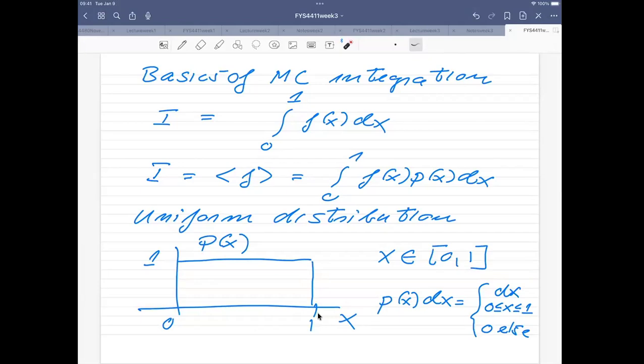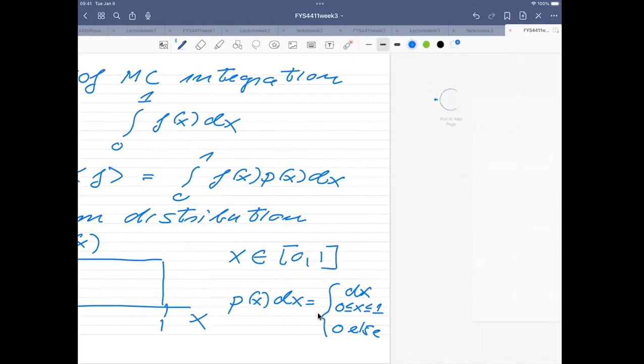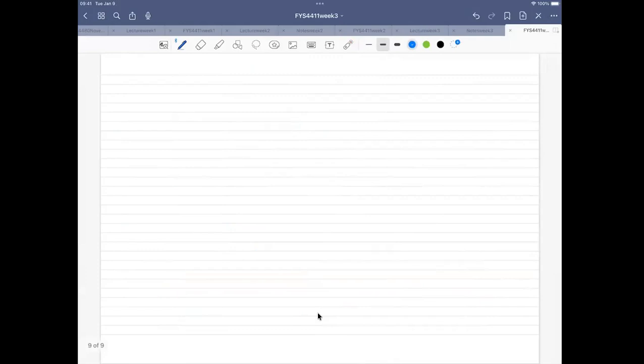When we calculate these integrals, let us also remind ourselves of some properties of these probability distributions. For the uniform distribution, the integral of p of x dx has to be normalized to 1.